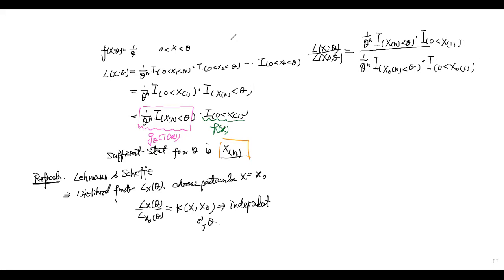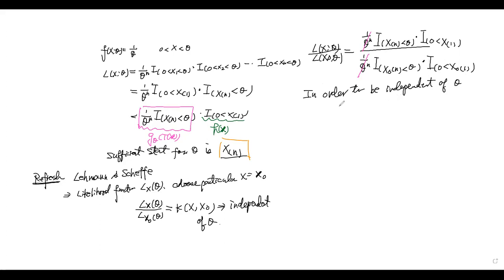Let's take a look here. The theta to the n cancels, and I have the indicator for 0 less than X(1) over the indicator for 0 less than x0's first order statistic. So in order for this ratio to be independent of theta, what do we need to do?